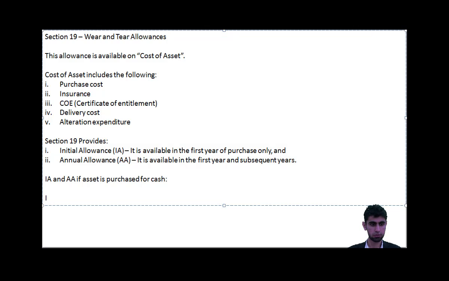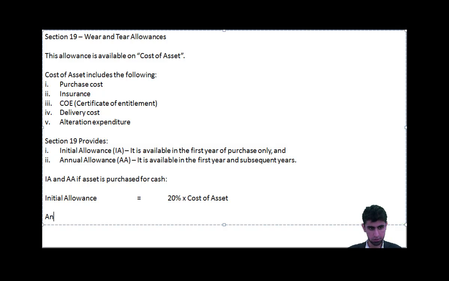Initial allowance is equal to 20% times cost of asset, and we have already determined what cost of asset is. That is mentioned on the top. It includes purchase cost, insurance cost, certificate of entitlement, delivery cost, and any alteration expenditure. So that's your initial allowance.